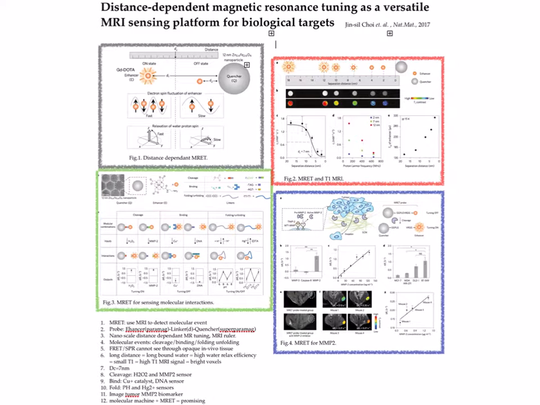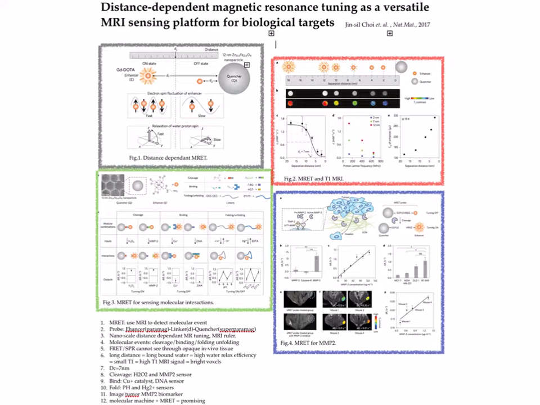These authors are chemists, so they study T1 relaxation agents like gadolinium DOTA, and they also investigate T2 relaxation enhancers, like the 12 nanometer nanoparticle.